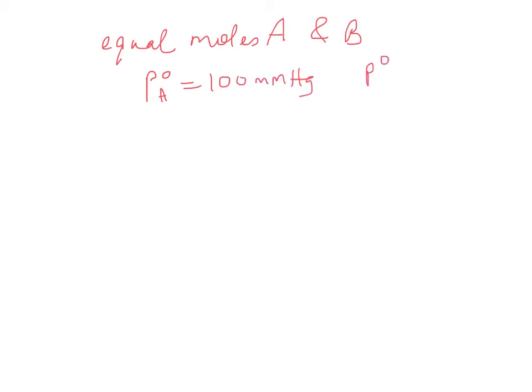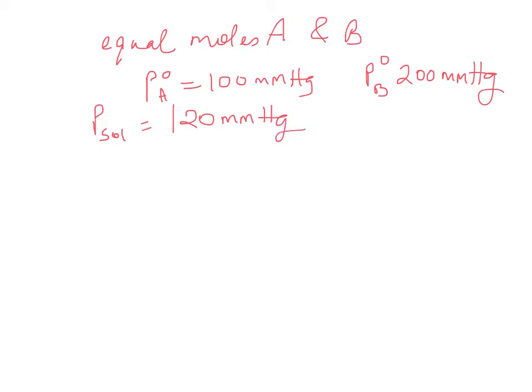P naught B is 200 millimeter mercury. The experimentally measured vapor pressure of the solution, so P solution, is equal to 120 millimeter mercury.